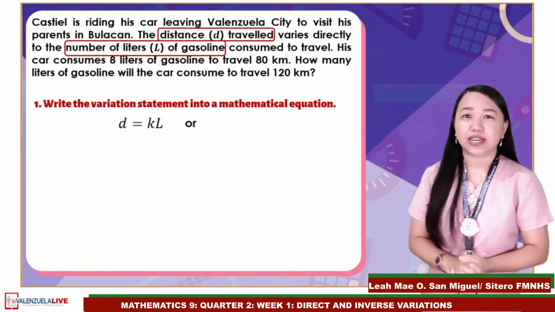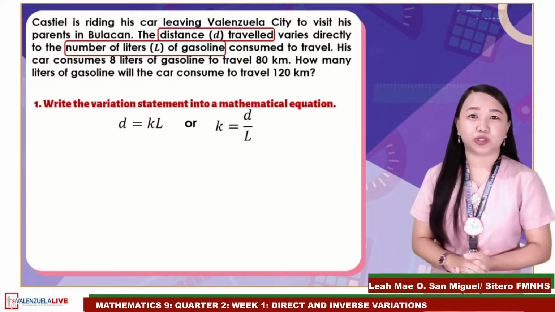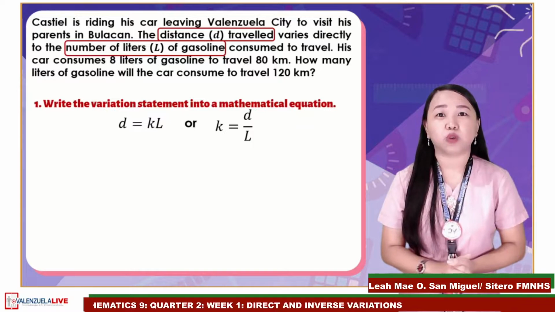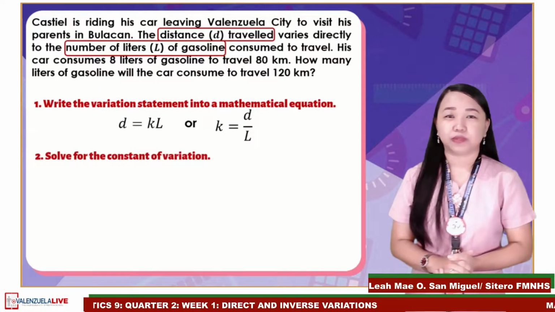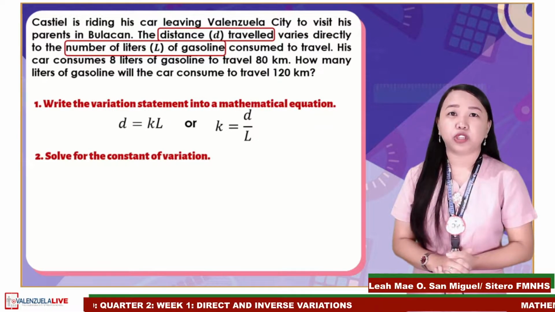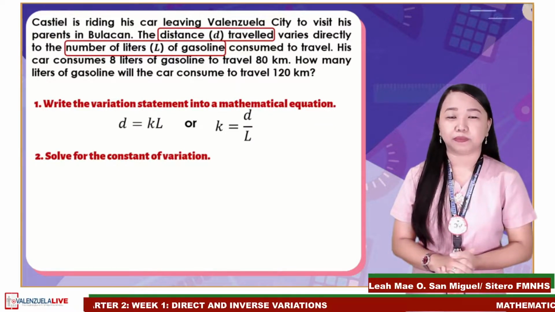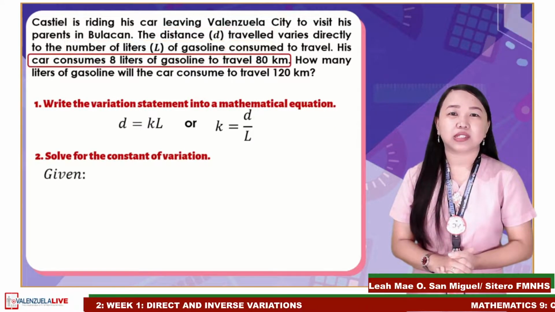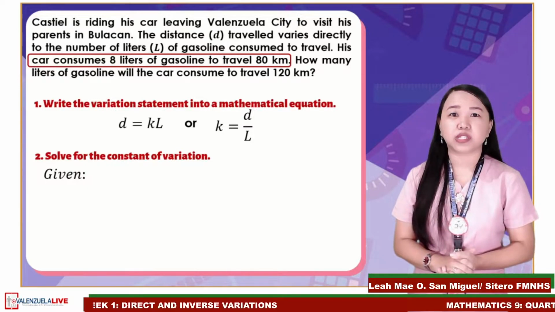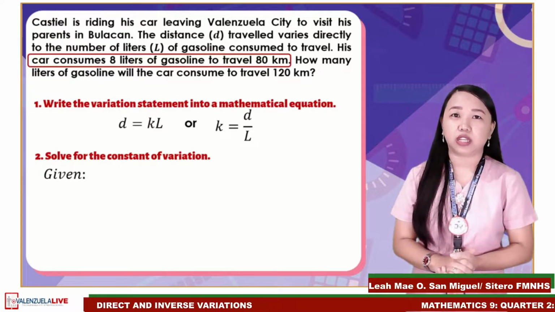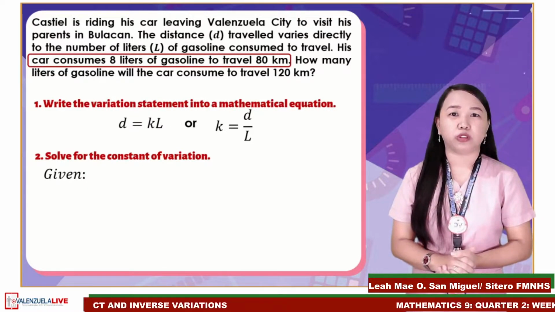Very good. It's D is equal to KL, or K is equal to D over L. Next step, solve for the constant of variation. In the problem, it states that his car consumes 8 liters of gasoline to travel 80 kilometers.